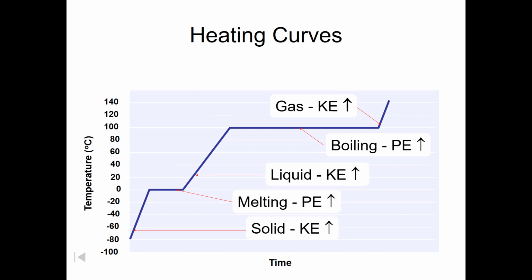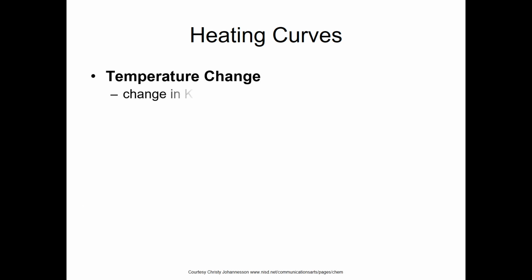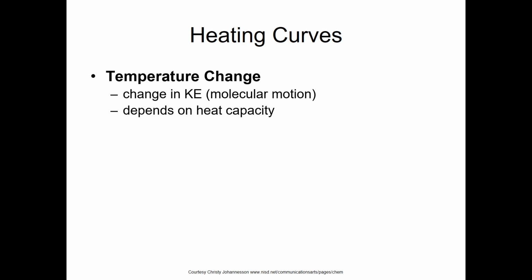During the liquid phase, kinetic energy is the only thing increasing. During the boiling, only potential energy is increasing. During the gas phase, only the kinetic energy. So you can write this down again: temperature change is a change in kinetic energy or molecular motion. It depends on something called heat capacity.